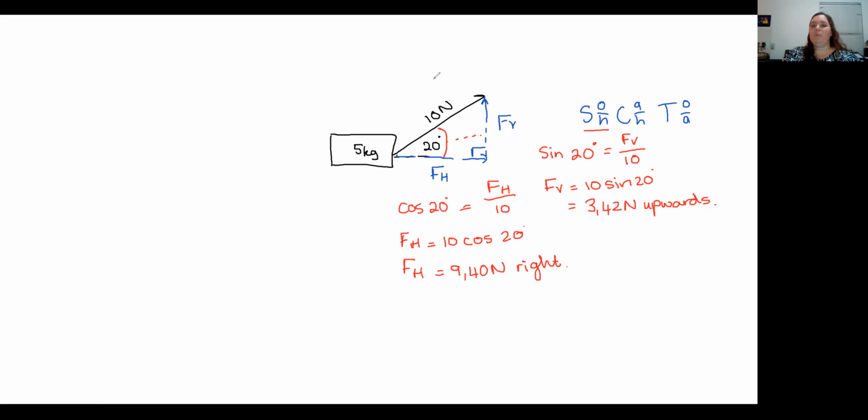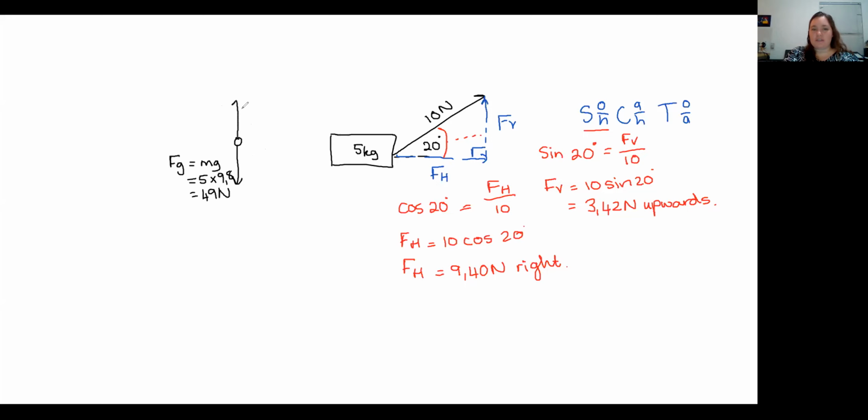Okay. Please note that in this particular case, you can assume that there is a weight down, let's do only weight down. There is a weight downwards. You don't need to work this out, but I'm showing you what you need to know for harder questions. Our weight down is m times g, which is 5 times 9.8, which is 49 newtons.